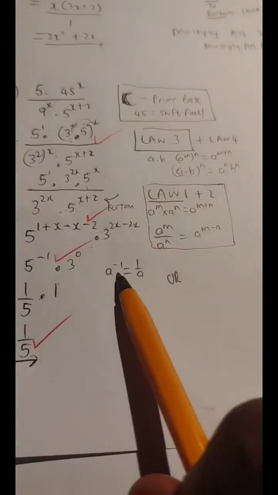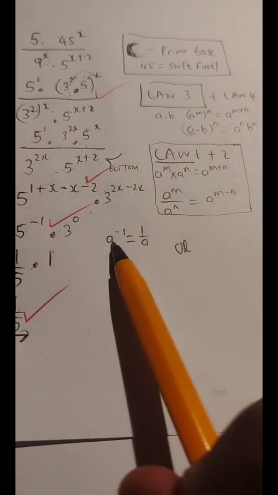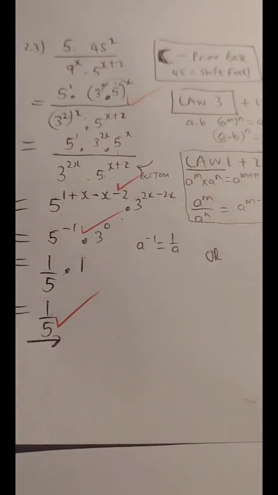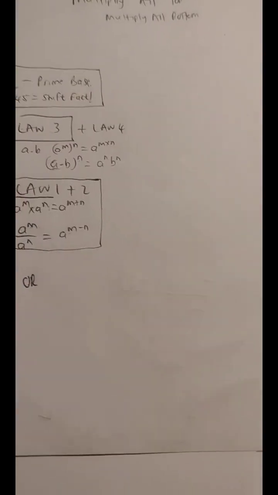So we use the definition that says any base raised to a negative exponent can be written as that same base in the denominator, with the same exponent but with the sign change, with 1 in the numerator. Okay, so very good. Thank you, Tsiamo, for that beautiful observation.